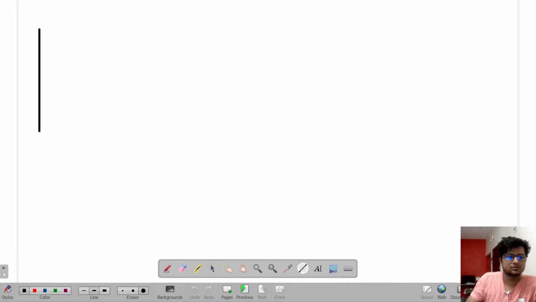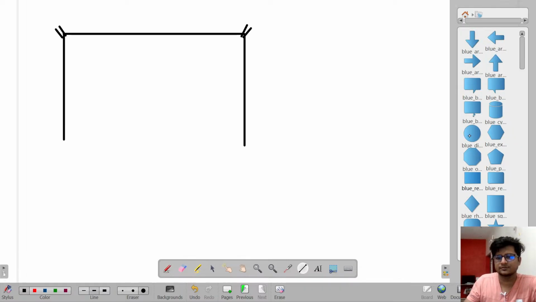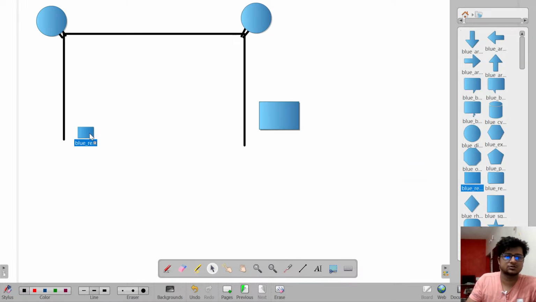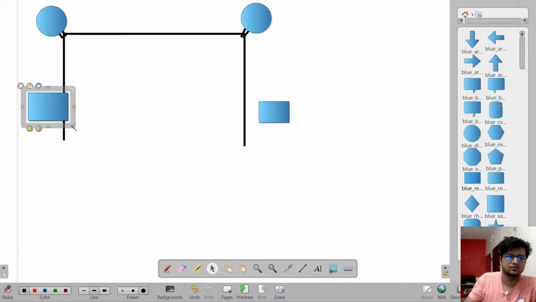Look over here. Let's suppose there is a table attached with pulleys. And I took two blocks on it, and attached to these pulleys.